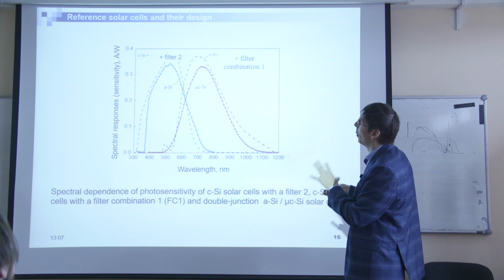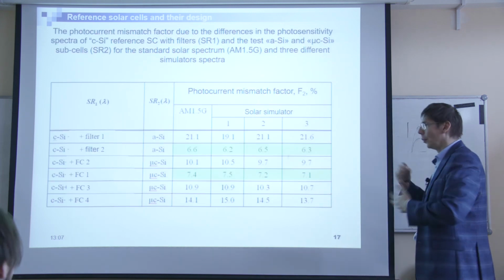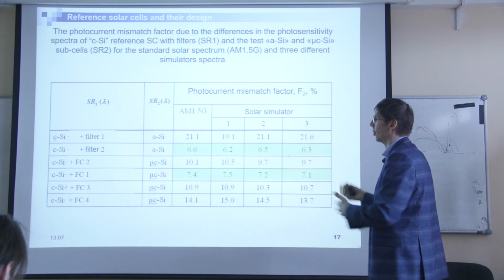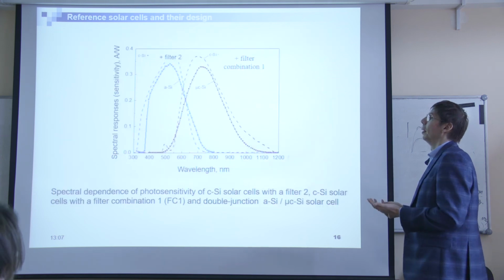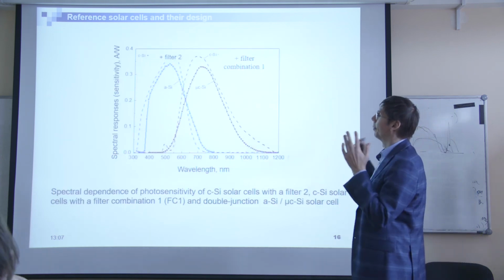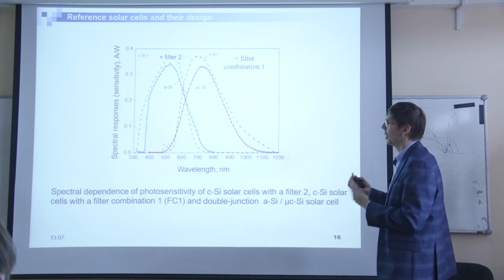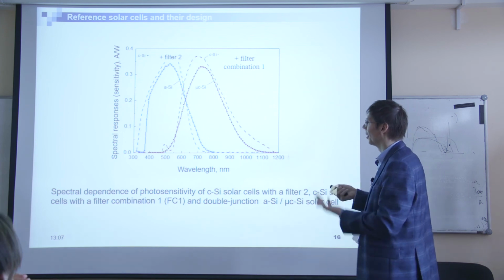Actually, it's an example of a nice fit, and I can demonstrate a set of such different spectra, but just looking at them, you cannot say what would be better or not. It's quite difficult.